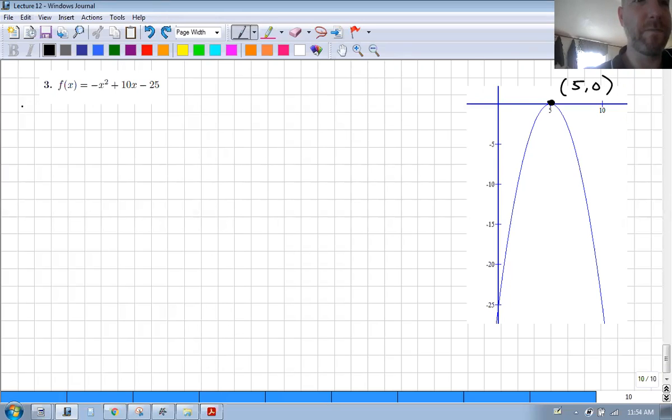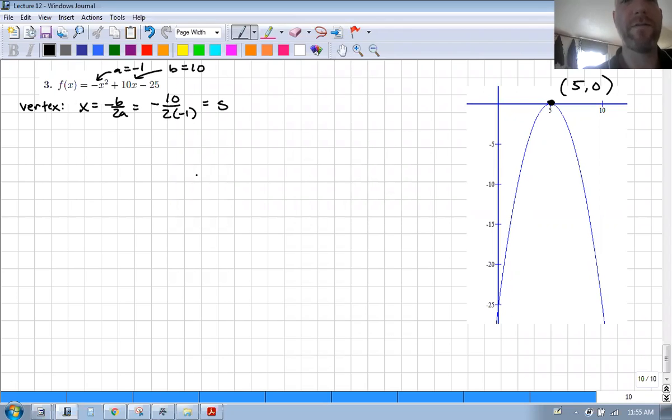All right, so vertex. For the x value, it's negative b over 2a. So b here is 10. A is negative 1, right? A is negative 1. B is 10. So we get 5.